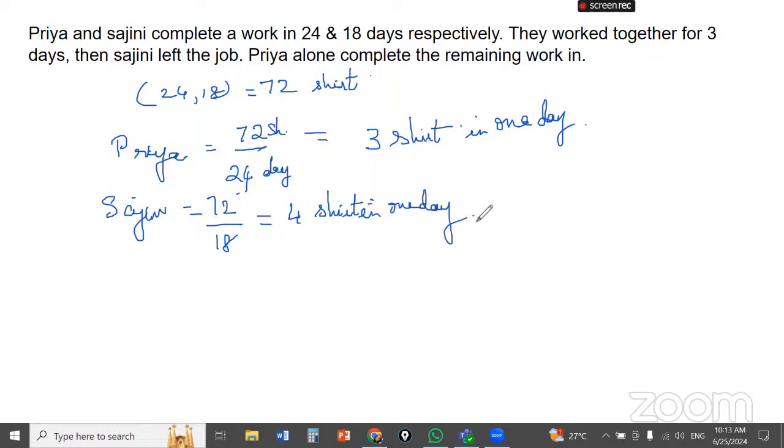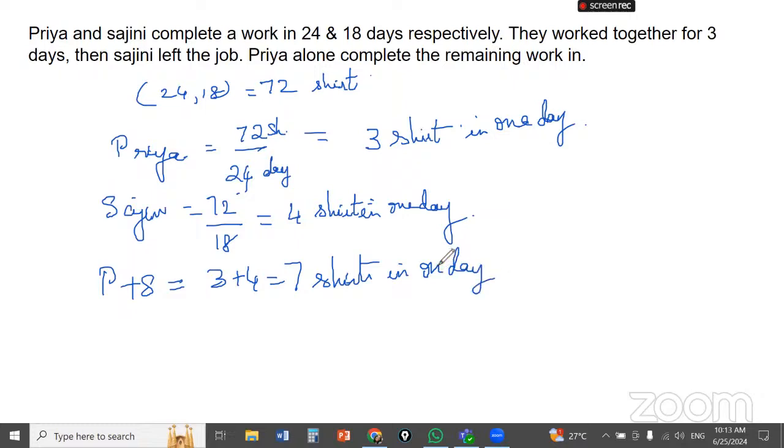So separately we found how many shirts Priya and Sajni can complete in one day. But now they are working together. In a single day, both of them are sitting and working together. Priya will be completing 3 shirts and Sajni will be completing 4 shirts. So together, 3 plus 4, they will be completing 7 shirts in one day.